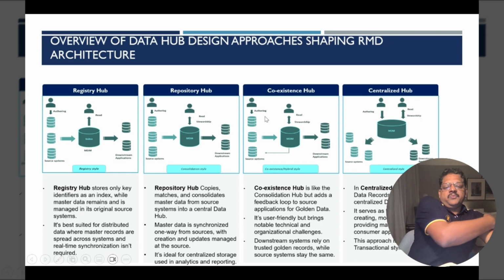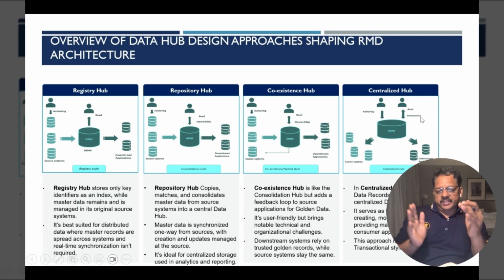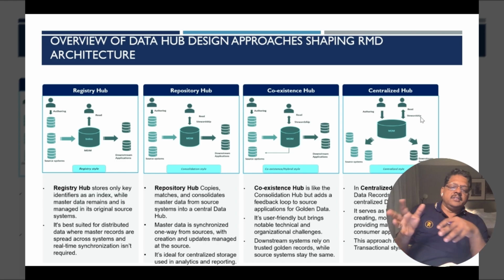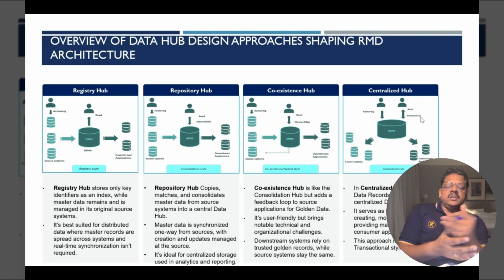And finally, we have the centralized hub, where the master data is stored at the center, and insertion, updating, everything happens there, and the input sources as well as the dashboards or outputs are expected to use the MDM from the centralized hub. So we have seen four types of hub design: registry, repository, coexistence, and centralized.